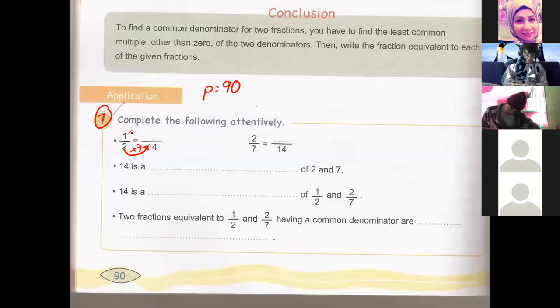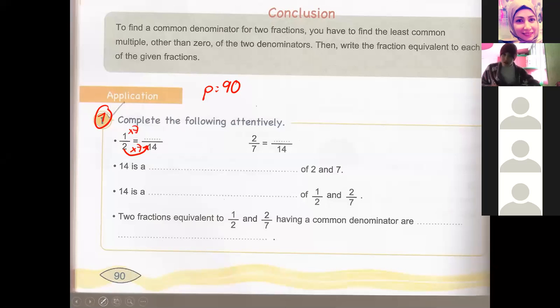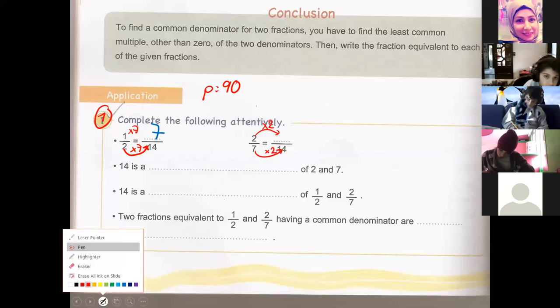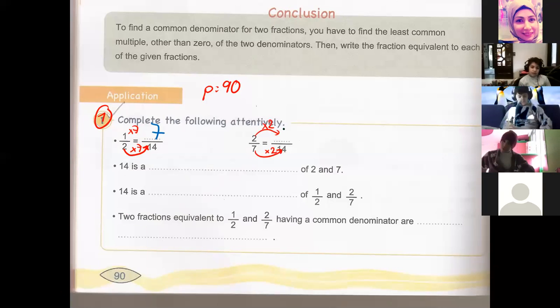So 1 times 7. So the missing number is 7. Right. And the second one, 7 times which number equals 14? 2. So we have to multiply by 2. 2 times 2, the number is 4. Bravo. Okay.